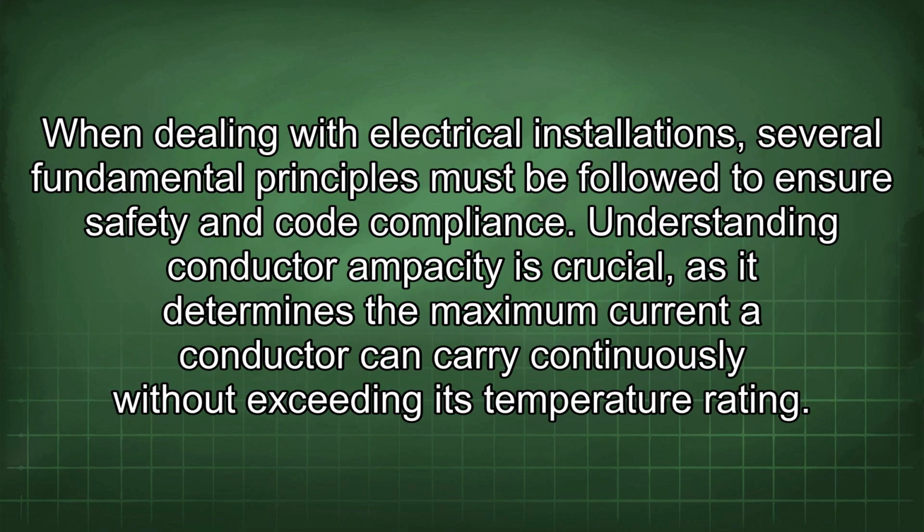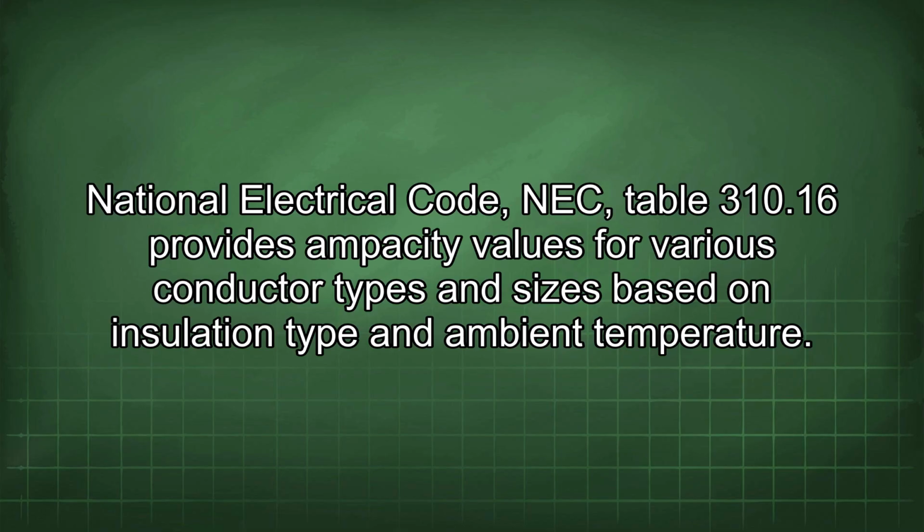When dealing with electrical installations, several fundamental principles must be followed to ensure safety and code compliance. Understanding conductor ampacity is crucial, as it determines the maximum current a conductor can carry continuously without exceeding its temperature rating. National Electrical Code (NEC) Table 310.16 provides ampacity values for various conductor types and sizes based on insulation type and ambient temperature.